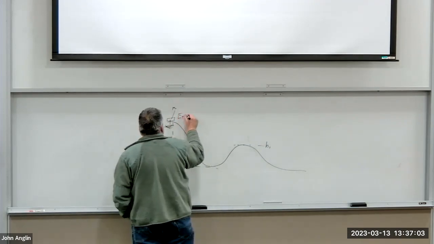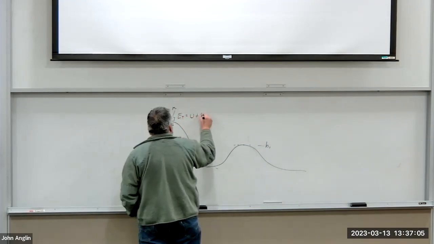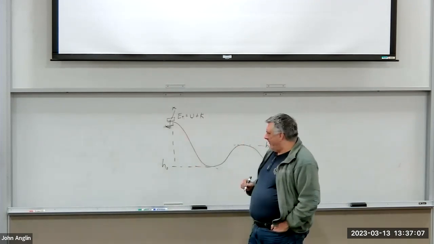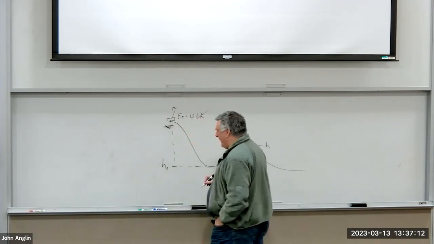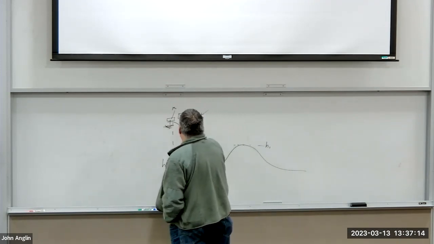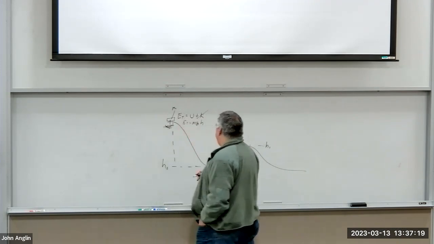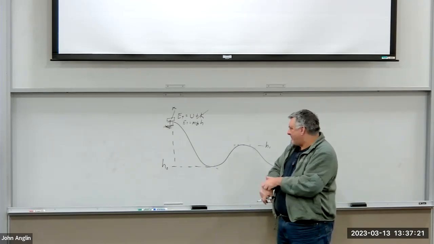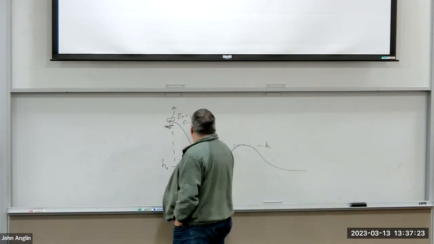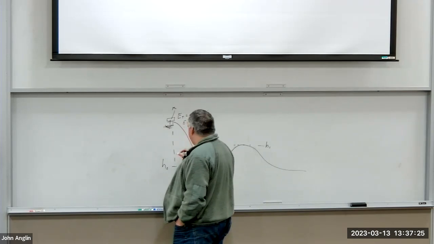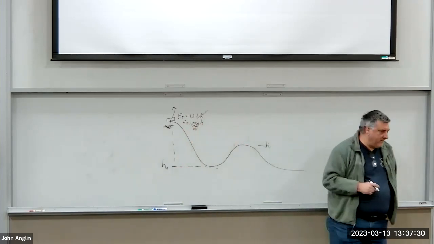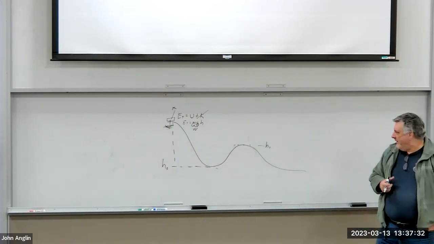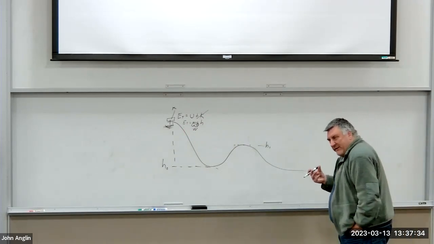So the total energy of the system is potential plus kinetic. We know that at this point there is no kinetic, so the total energy of the system is just mgh. Or if we recognize that mass times gravity is weight, it's just weight times the height. If you want to do it that way, it doesn't matter. That's all the energy that's in the system.